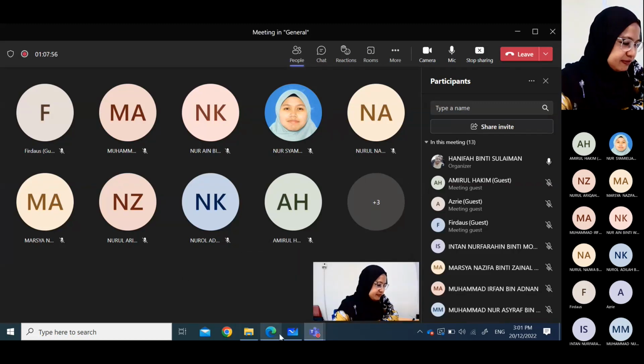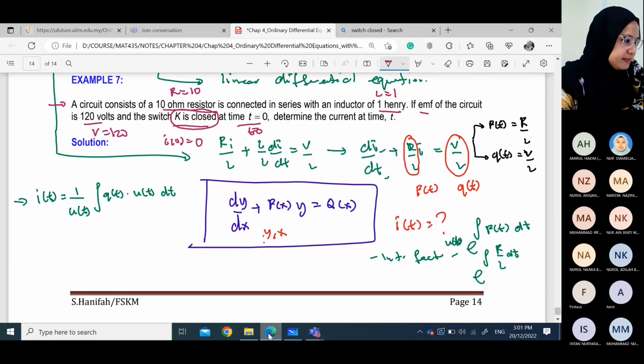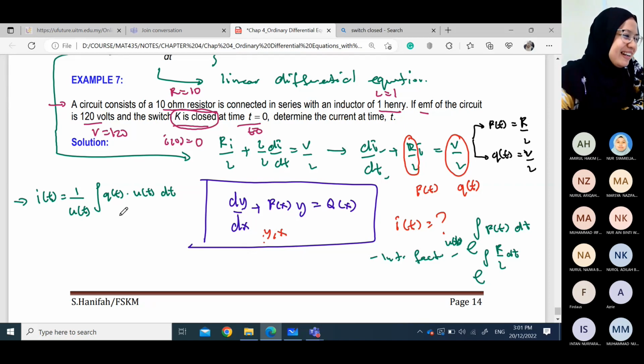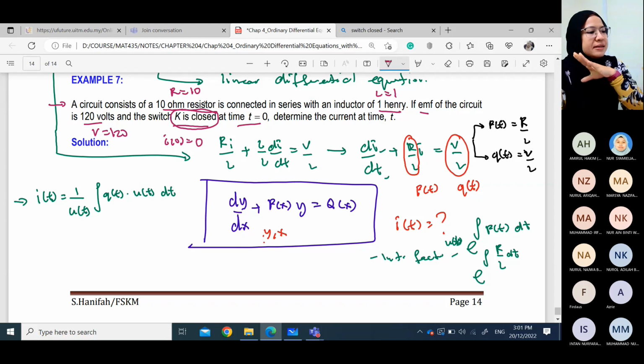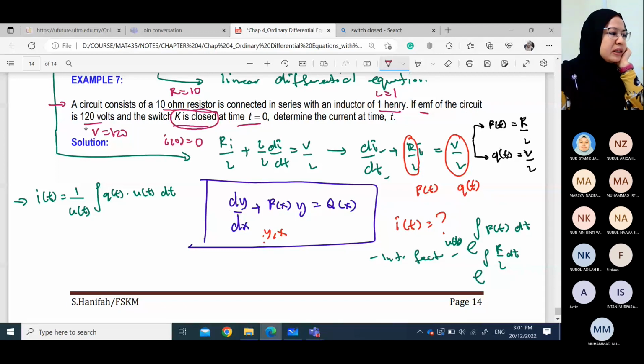Okay, so boleh kita teruskan? Okay, so back to this example. A circuit consists of 10 ohm resistor. So this means that the resistor is 10 ohm. It is connected in series with an inductor of 1 Henry. So this one is our inductor, which is L equals to 1. So if EMF of a circuit is 120 volts and the switch K is closed at time equal to 0, so determine the current at any time t.